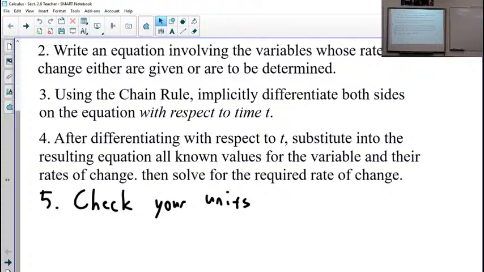So let's look at a couple of examples. We'll start with some basic ones to give us an idea of how they work, and we'll move into more complicated territory as we go along.